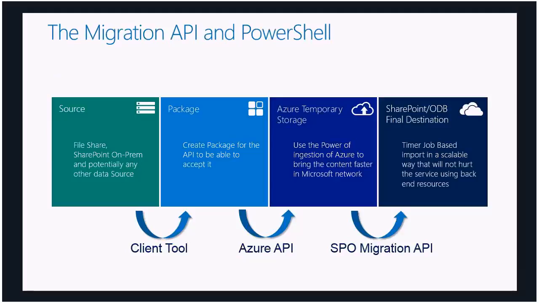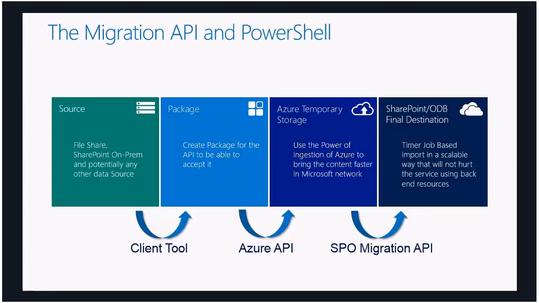With the SharePoint migration API, you have the source, something like a file share or your SharePoint on-premise environment. You can use the API to create a package, and then use the API to copy the files into the Azure temporary storage.